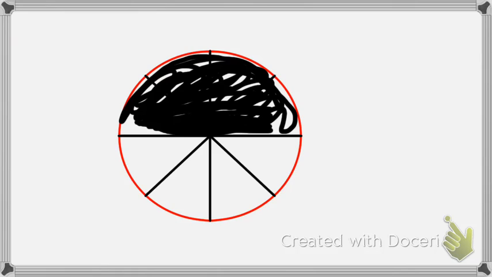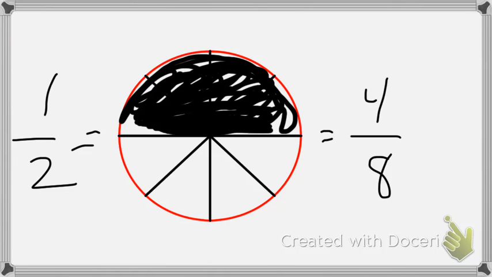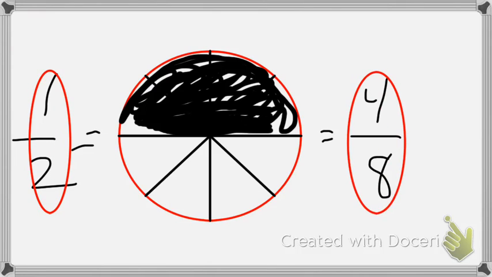So how many pieces of pizza did I have to start? I had 8. How many did I eat? I ate 4 of them. But by looking at my pizza, you can tell that I ate half of it. So you can see that 1/2 and 4/8 represent the same amount. They are equivalent. They are equal.